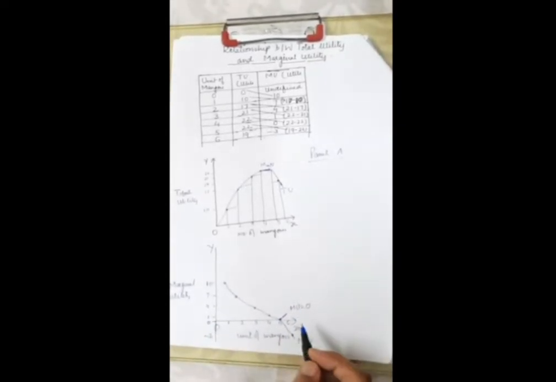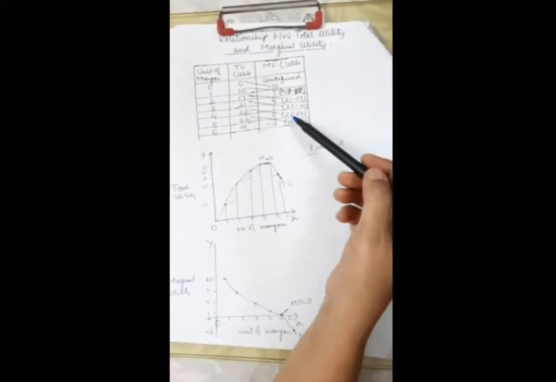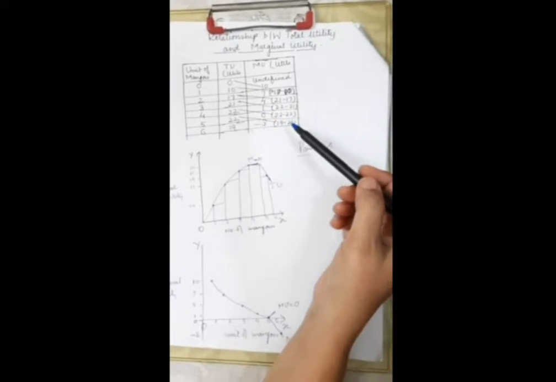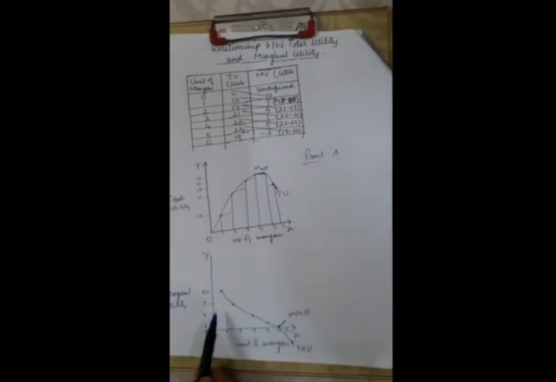Now we'll be seeing the relationship between both these panels, as we have seen the relationship in the table also. Now panel B shows continuously decreasing marginal utility as indicated by a negatively sloping marginal utility curve. Right? It is indicated by a negative slope MU curve.